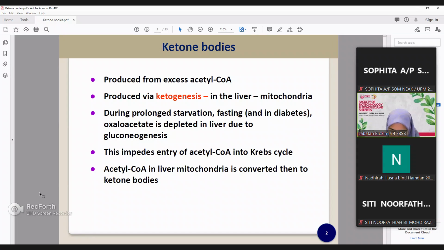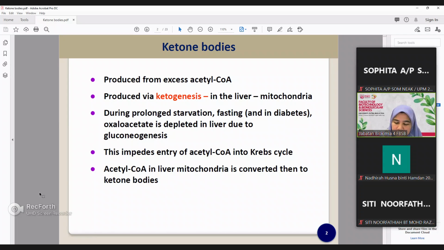So as your friends mentioned just now, ketone bodies are produced by the liver during various conditions. What do you think the conditions are that can trigger ketone bodies production? Anyone? Fasting.